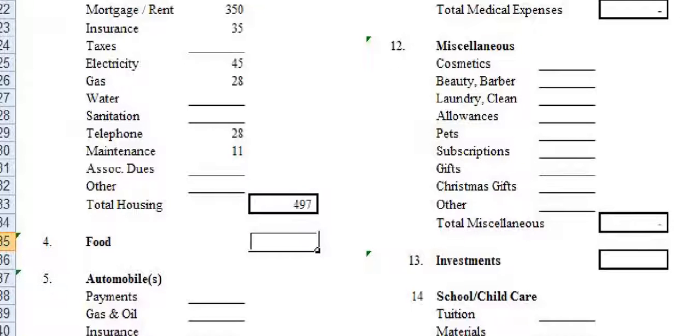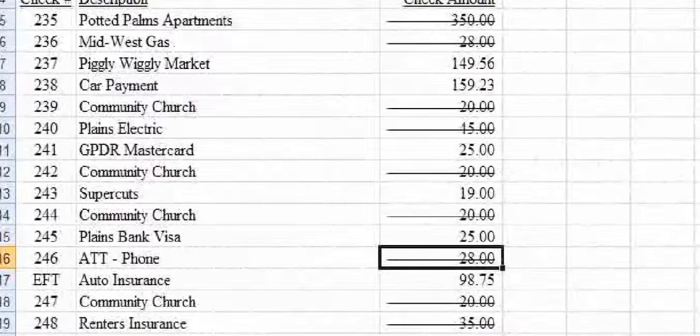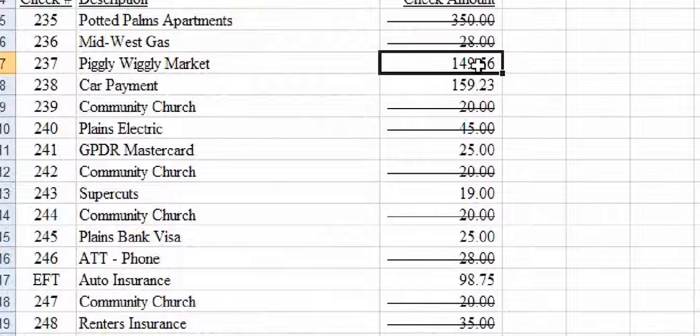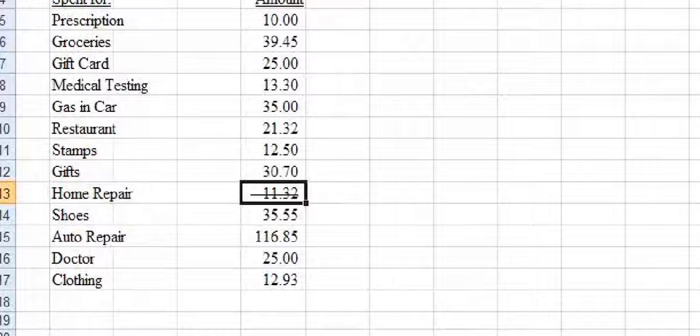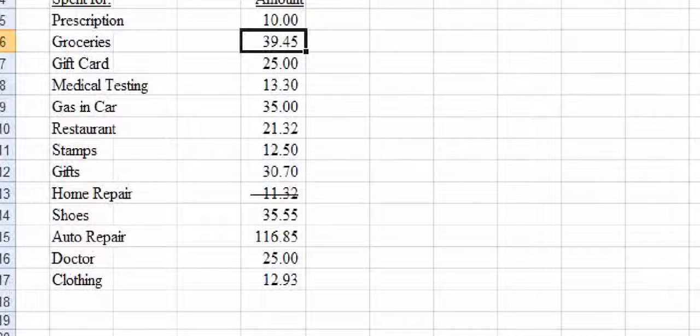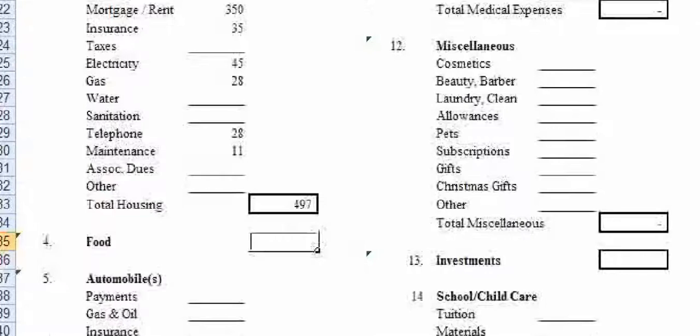On the list of checks written, click on that, there is a check of $149.56 to Piggly Wiggly, and on the credit card spending list, click on that, there is a charge listed for groceries of $39.45. Both need to be struck out, and the total of $189.01 needs to be entered on the blank form next to food.